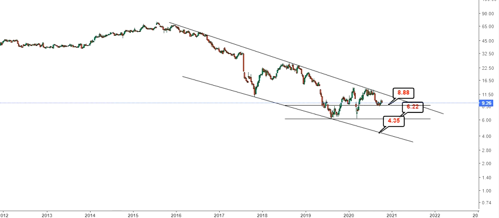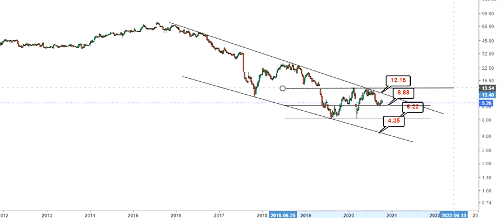On the upside you have $12. This $12 is very important, because if the stock moves above $12 and sustains over it, then there is a fair possibility that it is coming out of the trend. But that is not a confirmation.